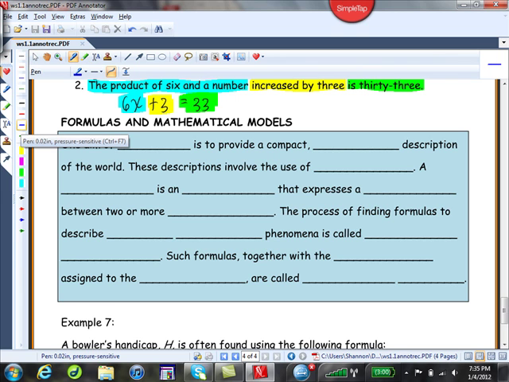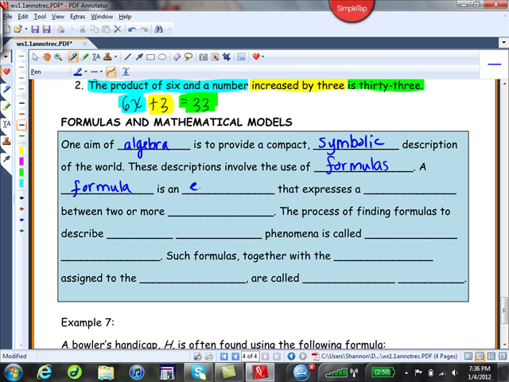Formulas and mathematical models. One aim of algebra is to provide a compact, symbolic description of the world. These descriptions involve the use of formulas. A formula is an equation that expresses a relationship between two or more variables.